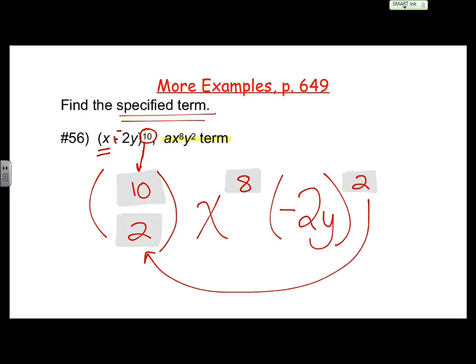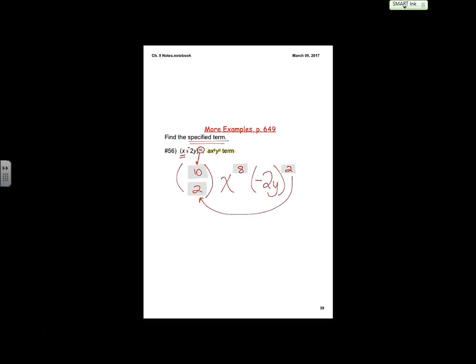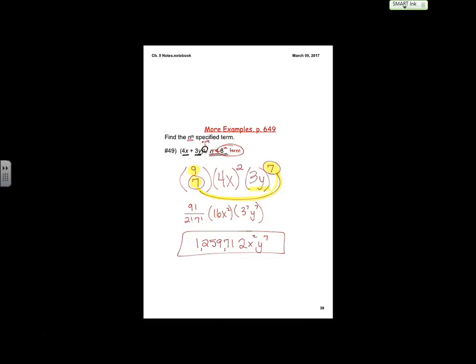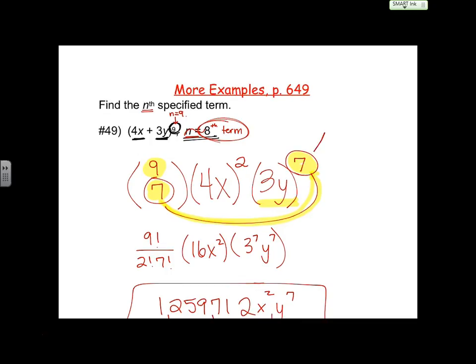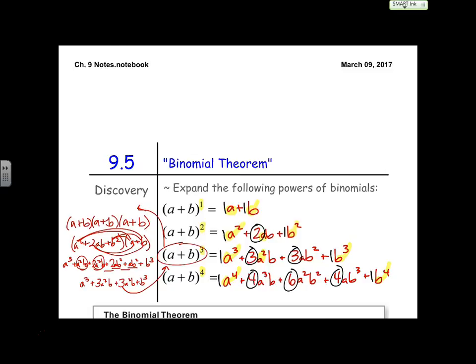Brandon: Wait, how did you put 2? Well, the power that the b term is raised to is the same as the second number in nCr. But if you want to see it in the formula, we'd have to go back to our original binomial theorem.